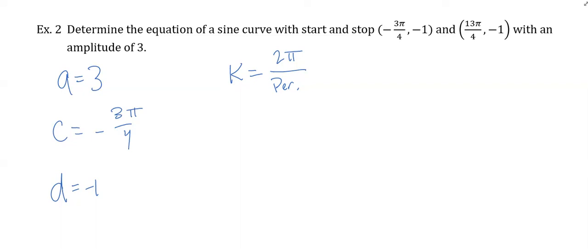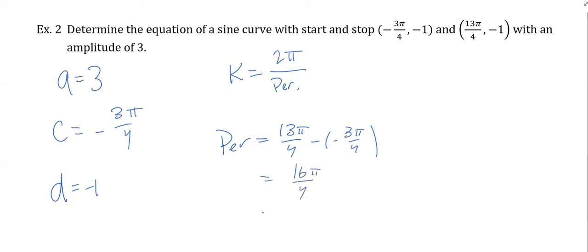So this works out to, hold on, the period is 13 pi by 4 minus negative 3 pi by 4, which is 16 pi by 4, which is 4 pi. So this is 2 pi divided by 4 pi, 1/2.